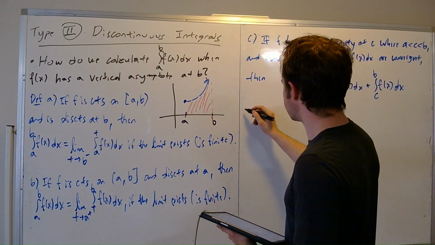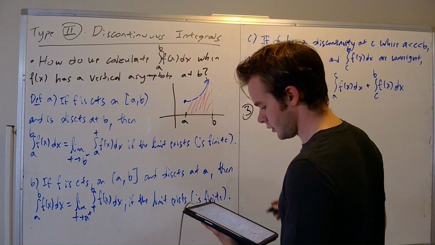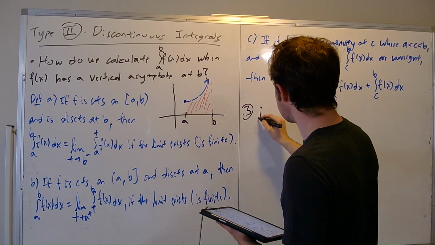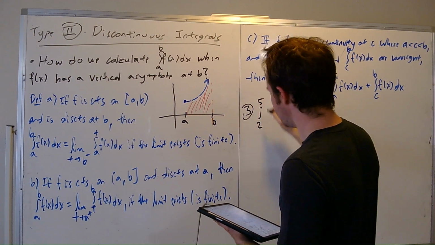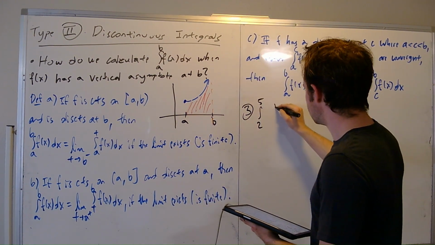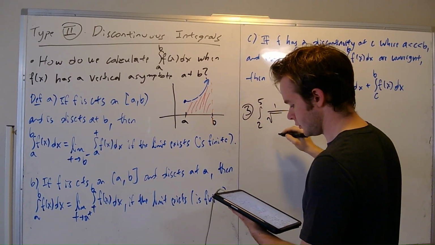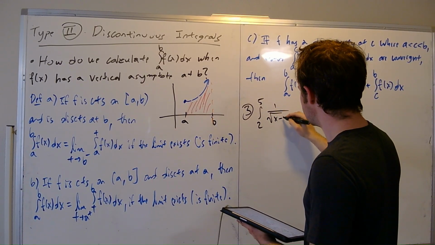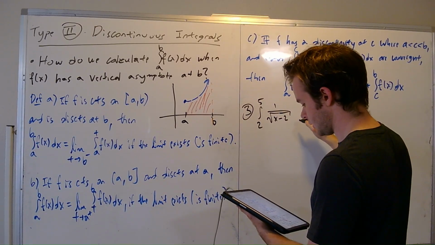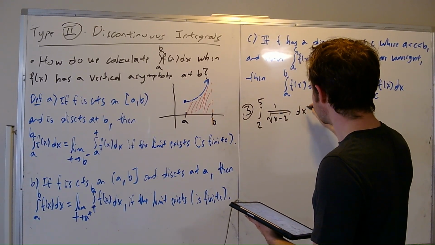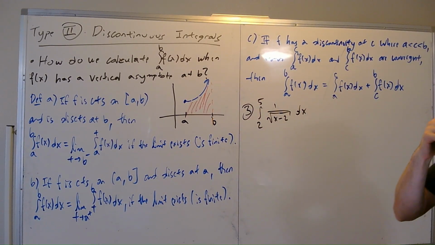So example number 3 is going to say we have the integral from 2 to 5 of 1 over the square root of x minus 2 dx. So we have to analyze whether there's any vertical asymptotes inside of there. And remember, a vertical asymptote occurs when the denominator is 0.